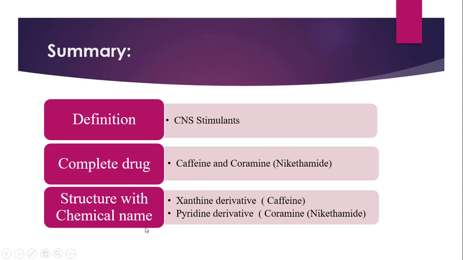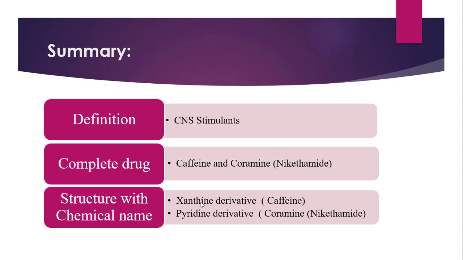Then the synonyms are a very important thing that you should remember. What all synonyms are there in this chapter? Very first starts with the name of the chapter: analeptics are nothing but CNS stimulants, and CNS stimulants are nothing but analeptics.